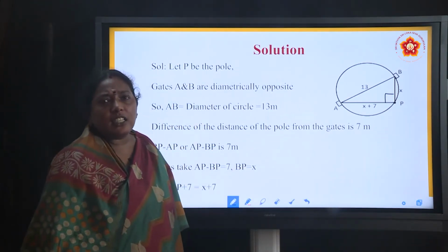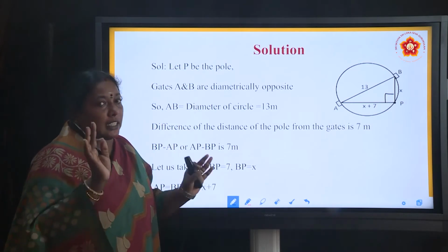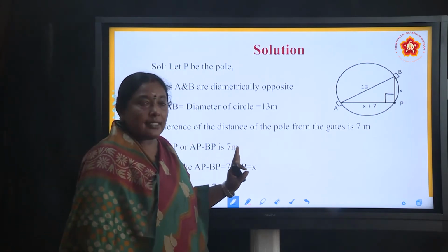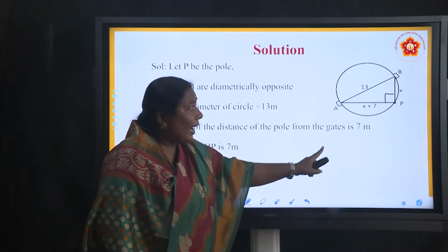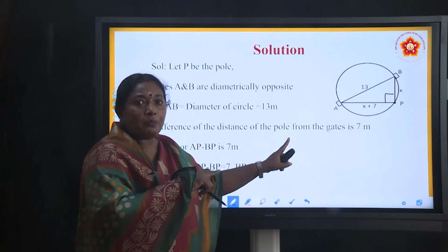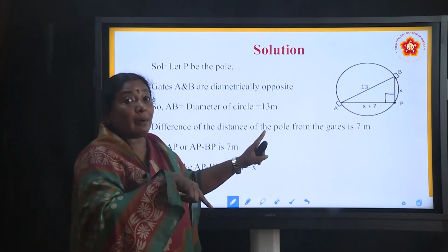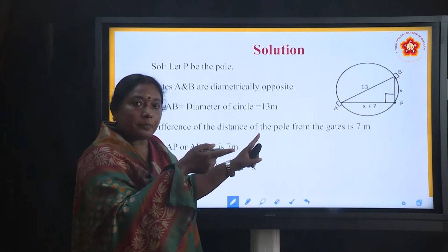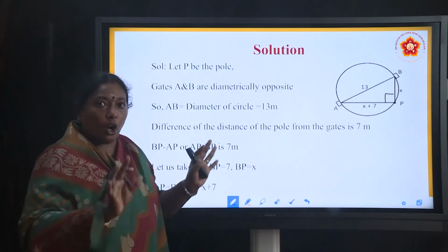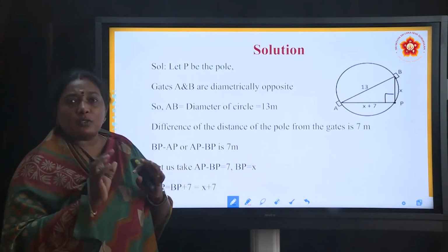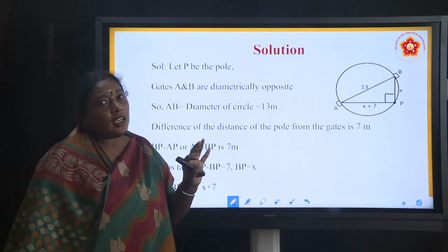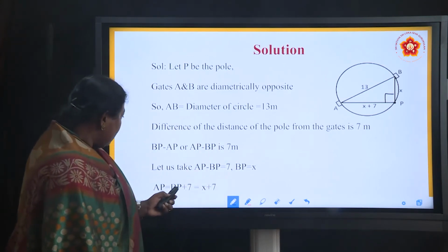Wherever we have a 90 degree angle we can use the Pythagoras theorem easily and get the answer. This is the same part we saw a little before, a triangle with x minus 7 and 13. All the problems, numbers and values will be the same, but the situations will be different, that is all.